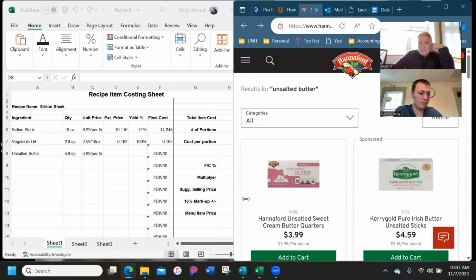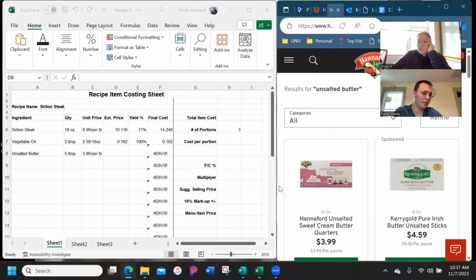So what you could do is, let me get out my calculator. $3.99 divided by 4. That will give you the price per stick. And then if we divide it by 8, we know that there's 8 tablespoons per stick. And then we can times that by 5. Okay, so I'm doing $3.99 divided by 4 sticks.